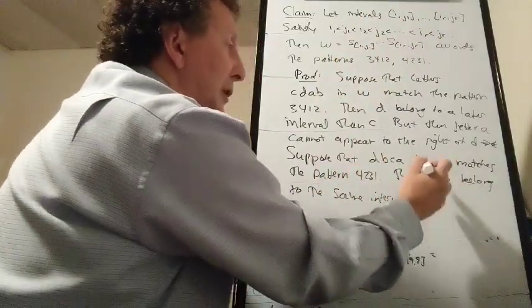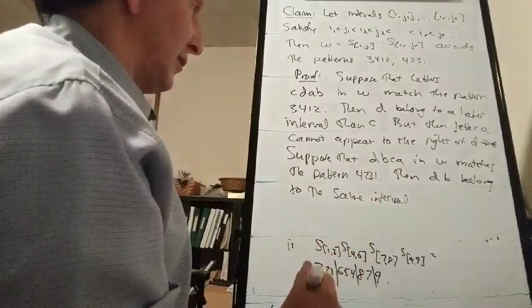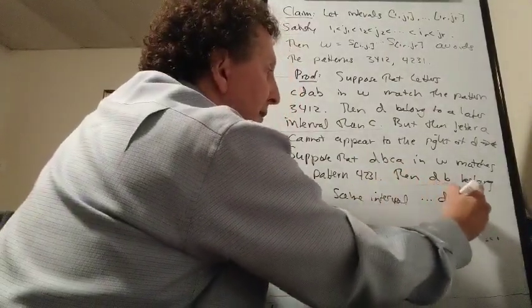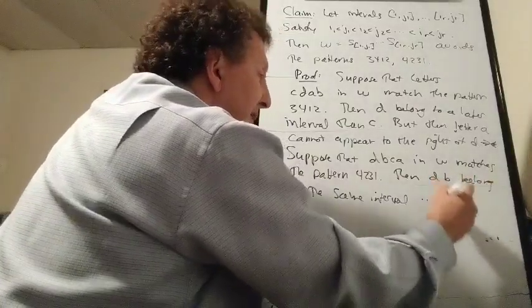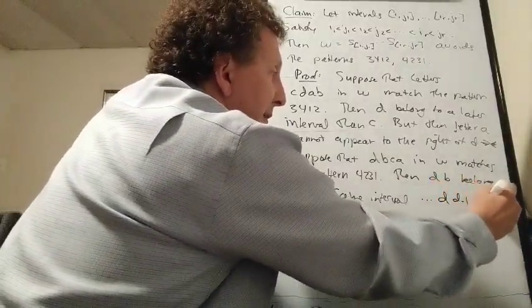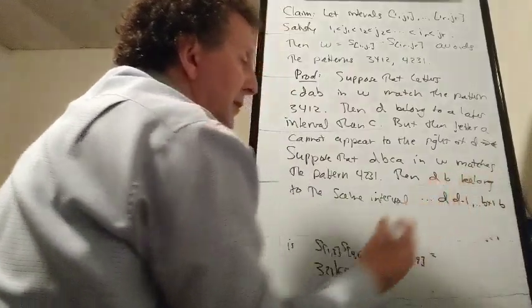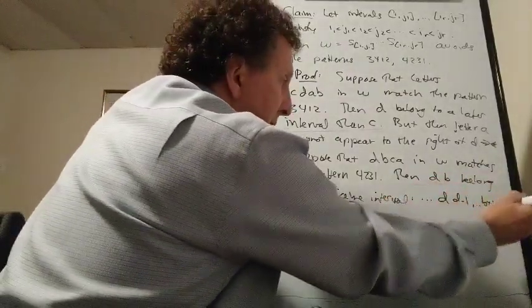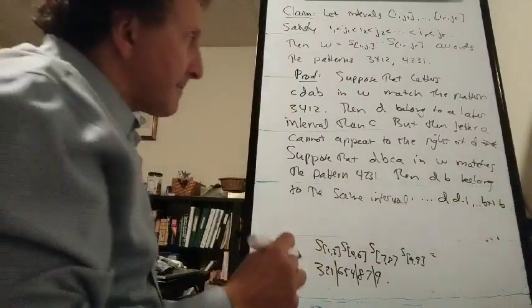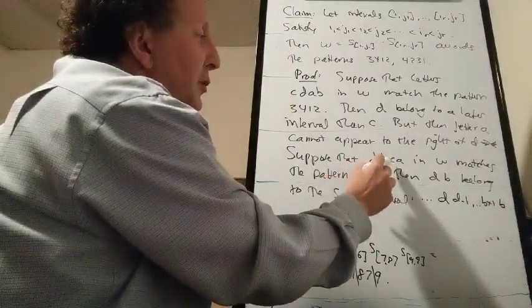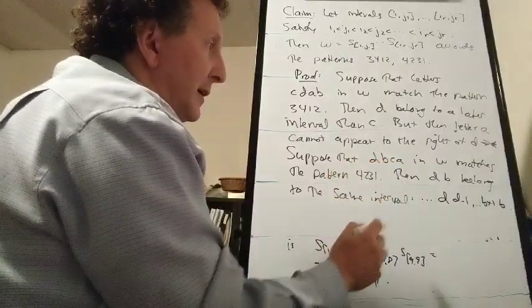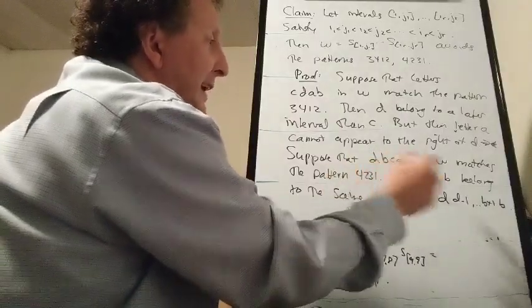So B has to appear later than D in that interval. So we have something like D, D minus 1, etc., down to B. They're all in the same interval. But then C is supposed to be a letter which is intermediate in value between B and D. So that means C has to appear in here.